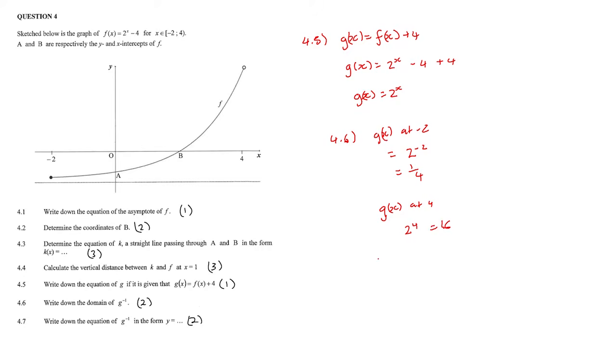So our range of g(x) would be 1/4, which is included because -2 is included, to 16, not included. Therefore, this would be our domain.